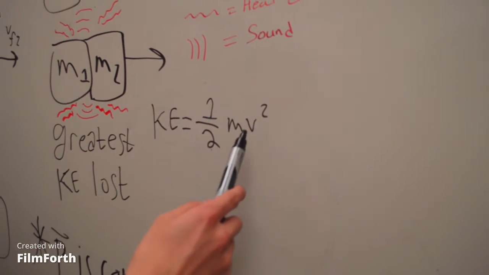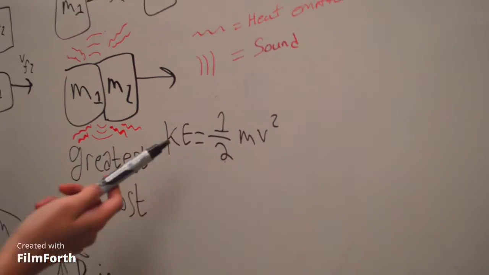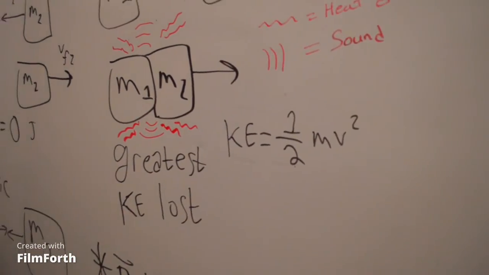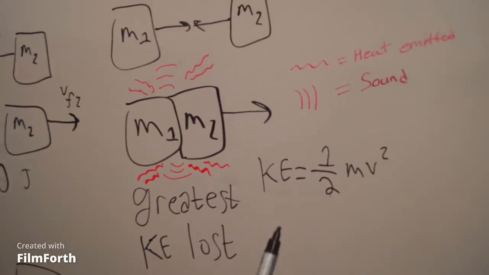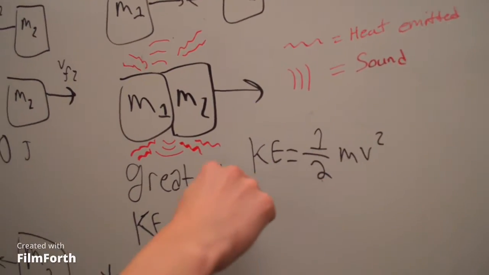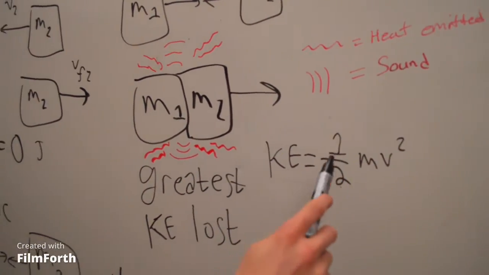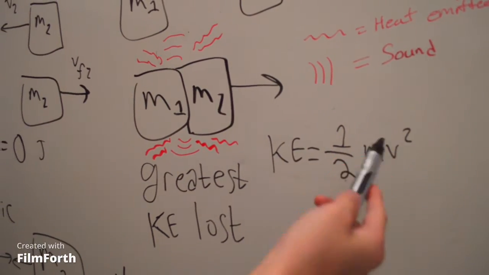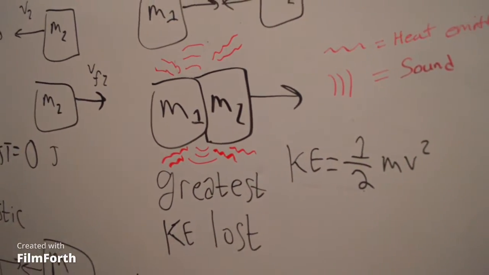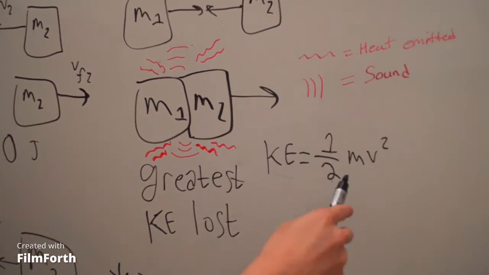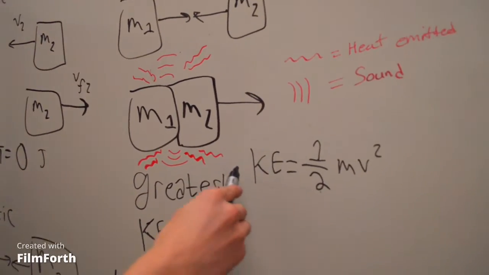We don't need to say velocity because in energy, direction is irrelevant. Anyways, due to an increase in mass and the kinetic energy always being constant, to compensate for an increased mass, you must decrease the velocity. Hence, this is the greatest kinetic energy loss.